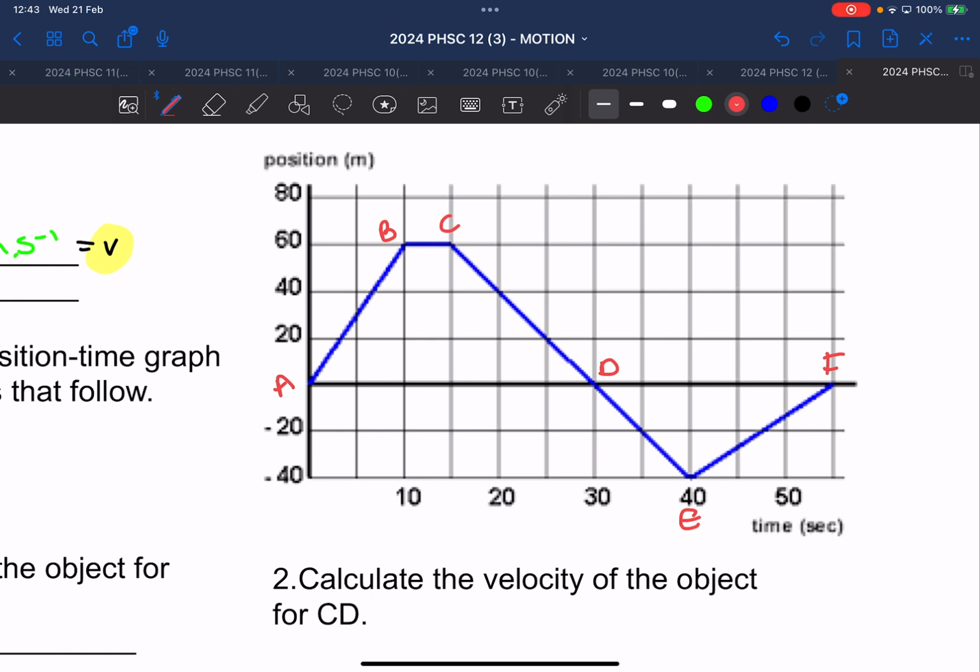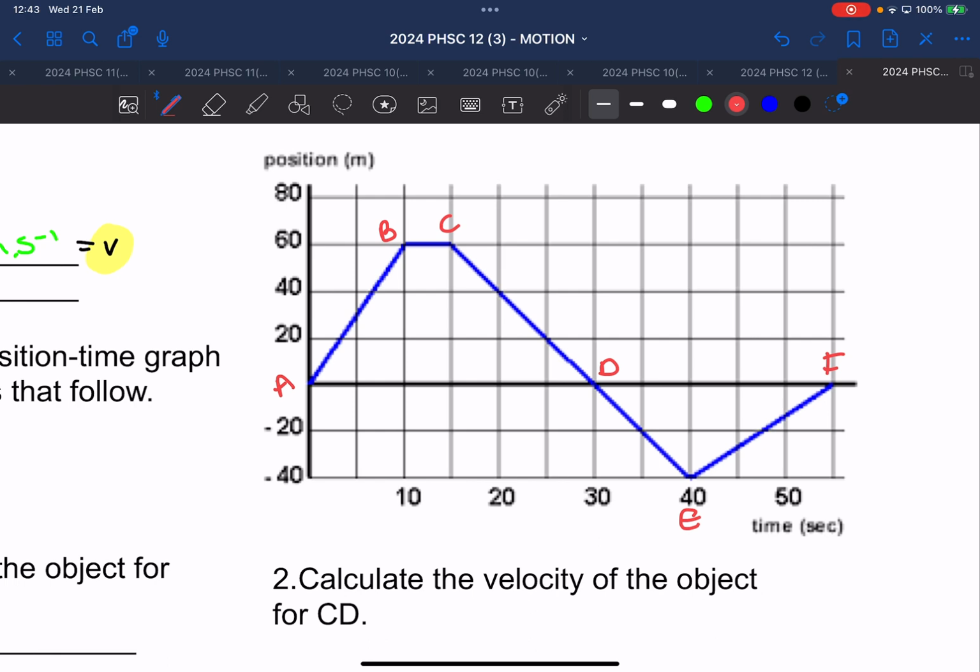Then it travels 60 meters in a straight line. A straight line means a constant gradient, means a constant velocity. So it's not accelerating, it's moving at a constant speed until 60 meters.